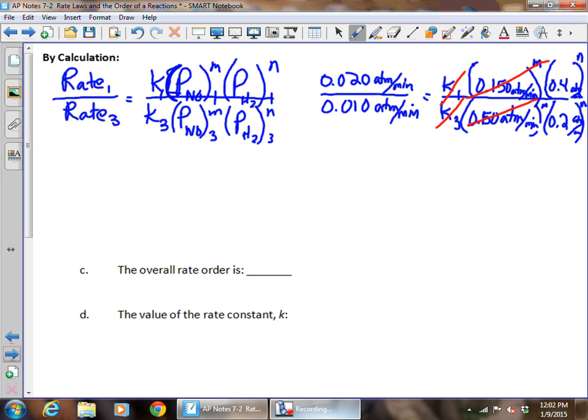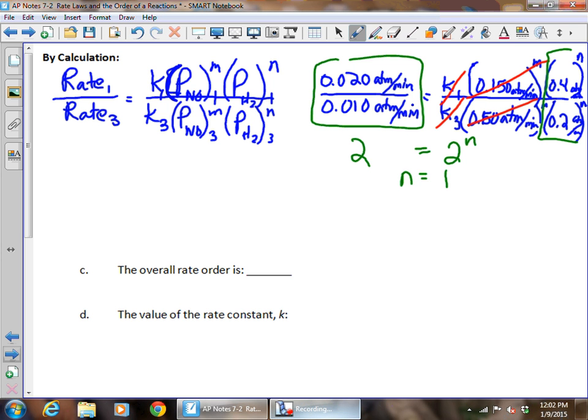It leaves us with these two parts right here, this one and this one. So it looks like we have 2 equal to 2, 0.4 divided by 0.2 is 2, and that quantity can be raised to the n. So it looks like n is equal to 1 again for this reaction.